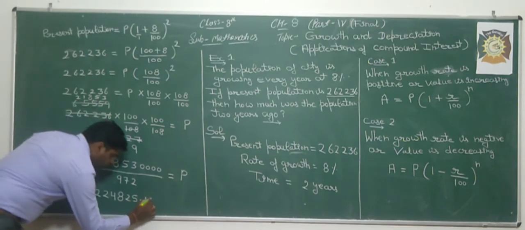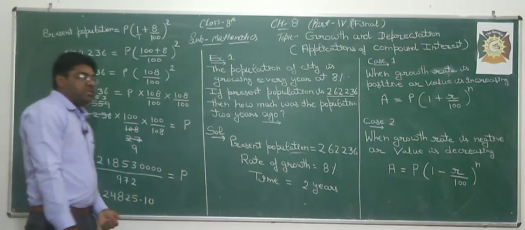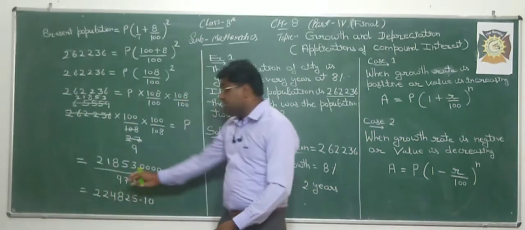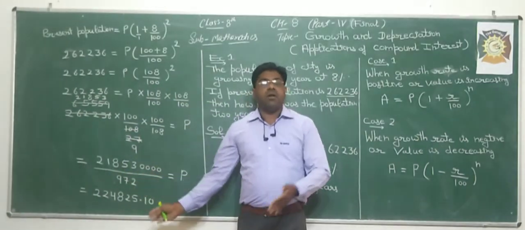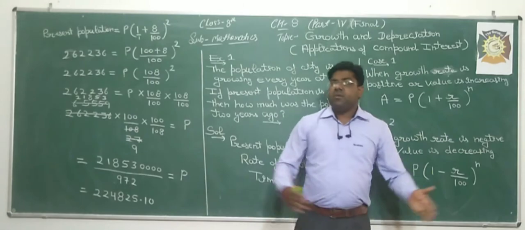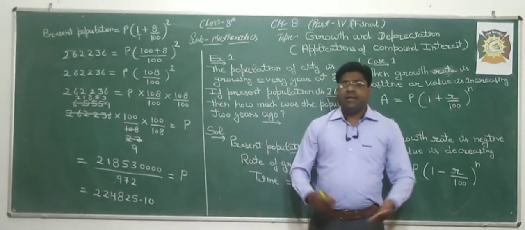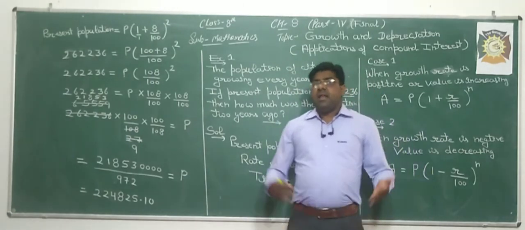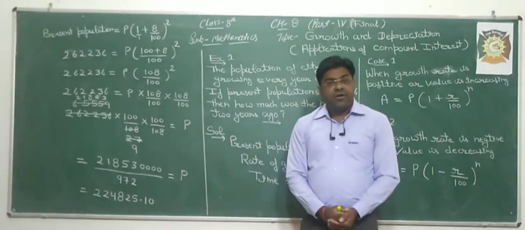But students, now observe it carefully. This is the population, and this number is in the form of decimals. But as we know, population, that means the number of people, can never be in the form of decimal.